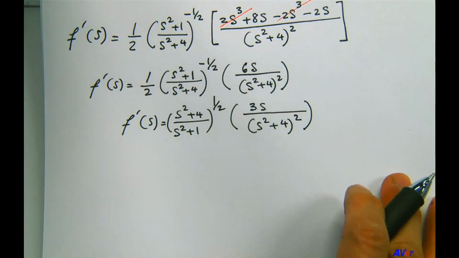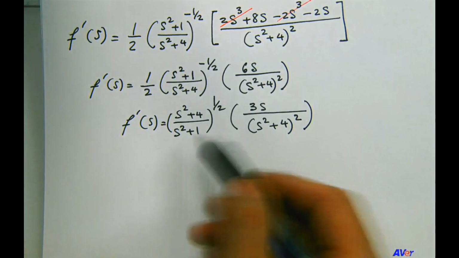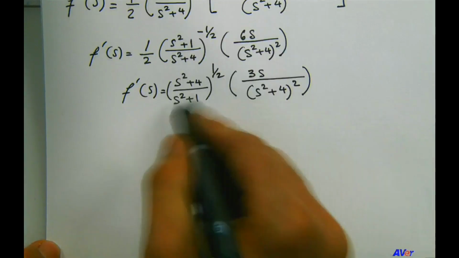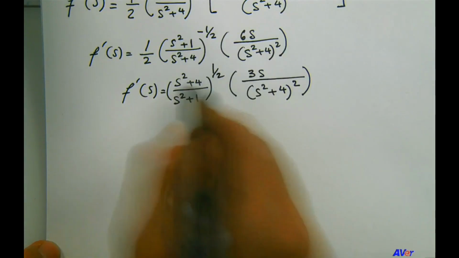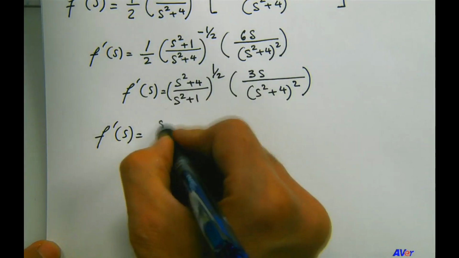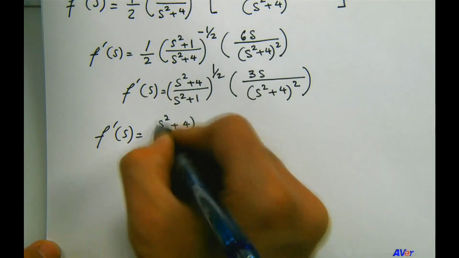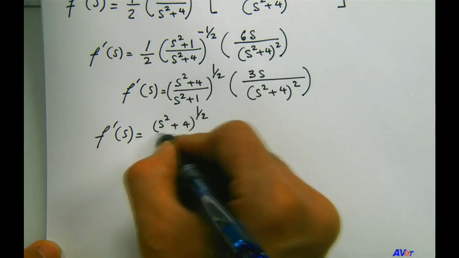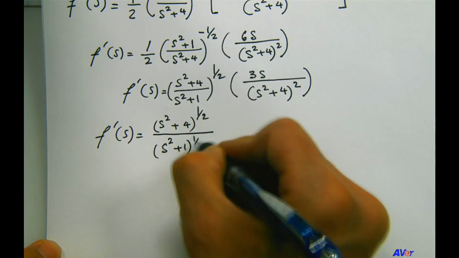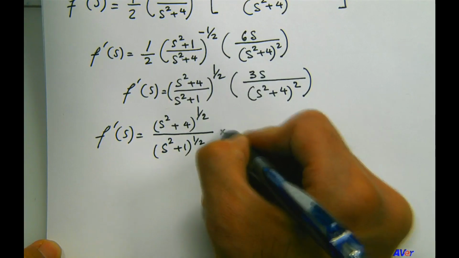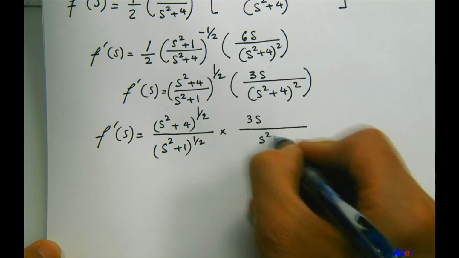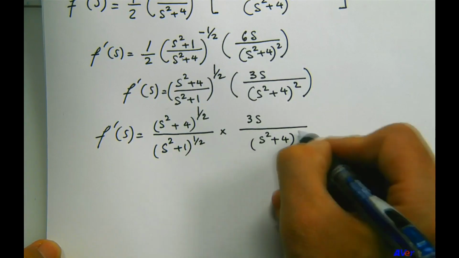All right? So now there's stuff we can do to simplify this expression. So let's do that. For example, let's break it up first. We can separate that. We can say s squared plus 4 to the 1/2 power divided by s squared plus 1 to the 1/2 power, that times 3s divided by s squared plus 4 squared.